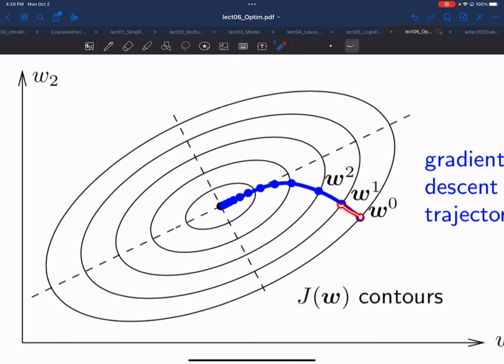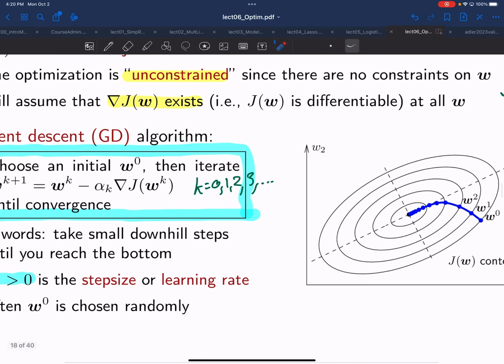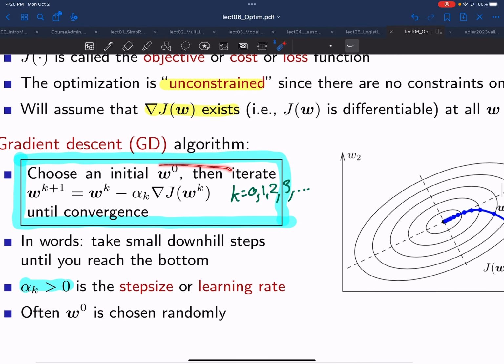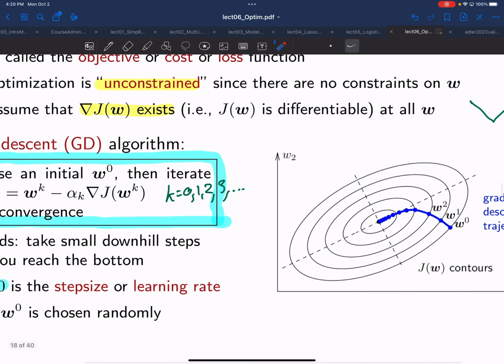The steps are getting smaller and smaller. Why are they getting smaller and smaller? What do you think is causing that? What's happening is that the steepness, the norm of the gradient, is getting smaller and smaller.